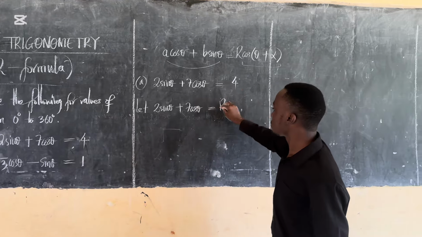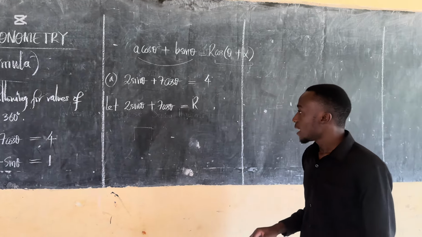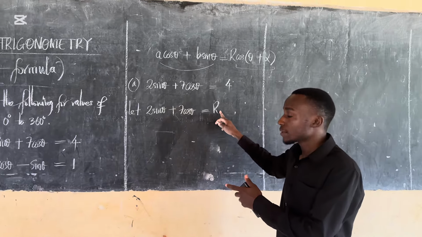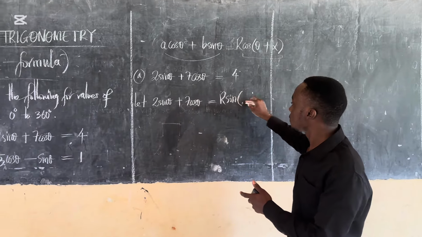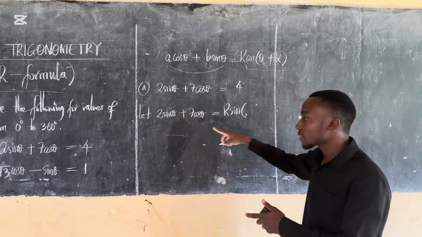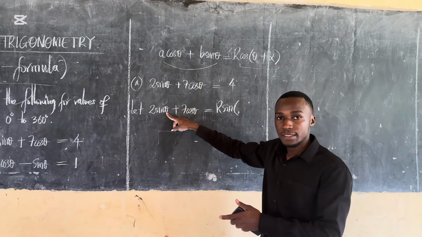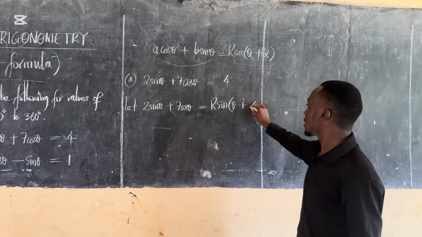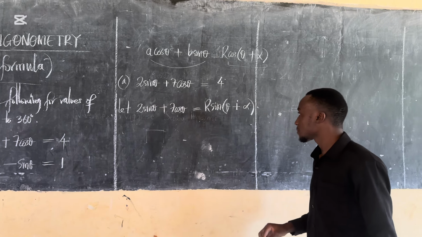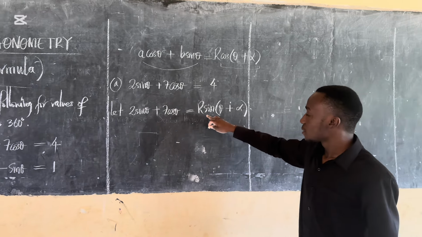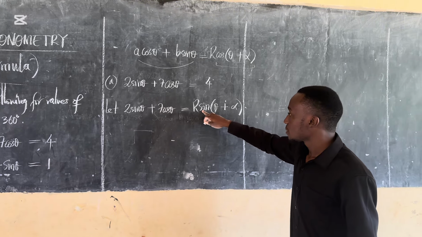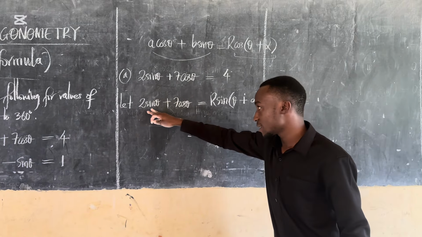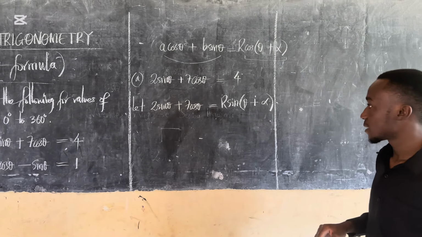I will let it be equal to R, and I will think about sine, because it is sine of the sum of two angles, which starts with the sine of the same angle plus alpha. We have decided to use this one because on expanding this, we know it will start with this sine theta.